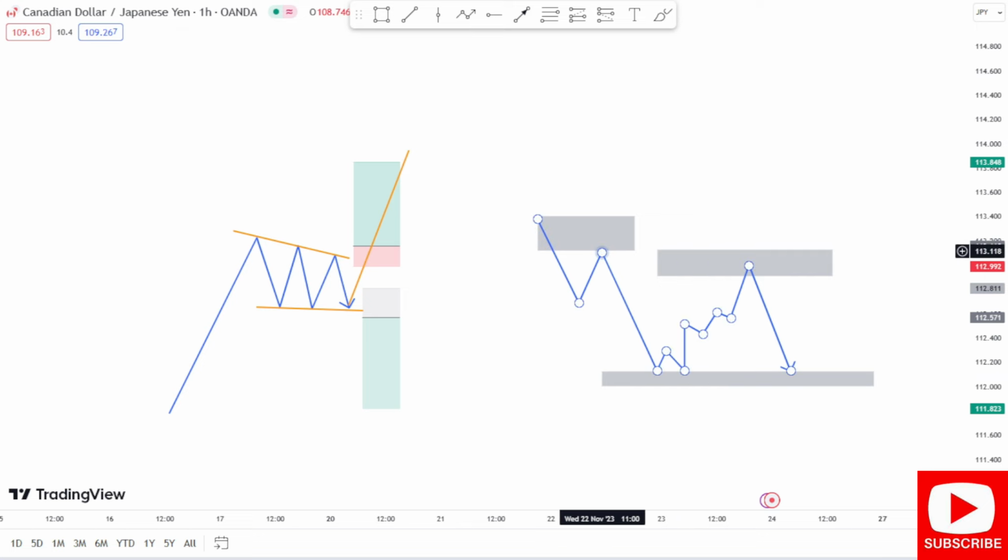When there is a sharp momentum move downward, that means there is supply in the market. Whereas if it's upward, that means there is demand in the market.